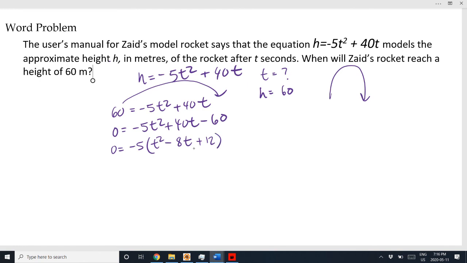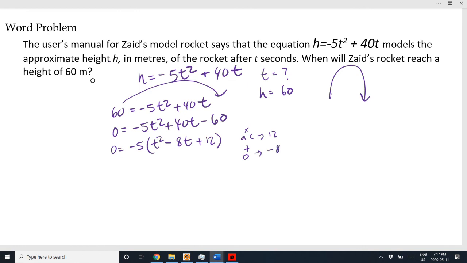And now all we have to do is factor this bracket on the inside here. So we want to figure out two numbers that multiply to a times c, which is 1 times 12, which is 12. So multiply to positive 12, but add up to b, which is -8.